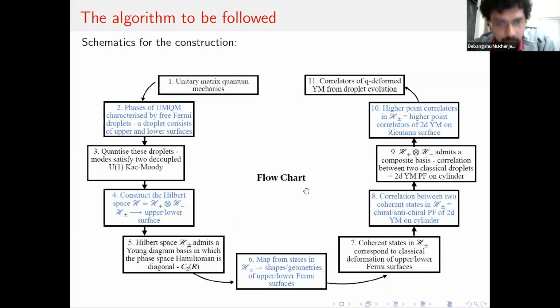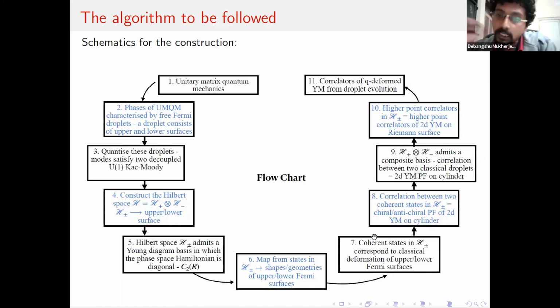The central upshot of the first half of this flow chart is essentially to map the states that I'm going to create in the Hilbert space to various kinds of 2D geometries that I get in the phase space of this particular unitary matrix quantum mechanics.